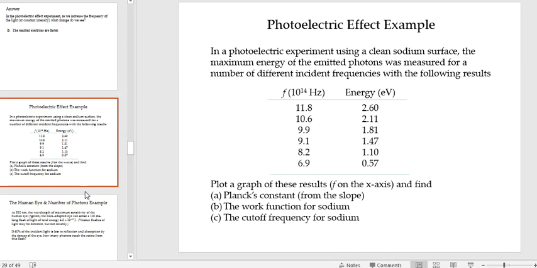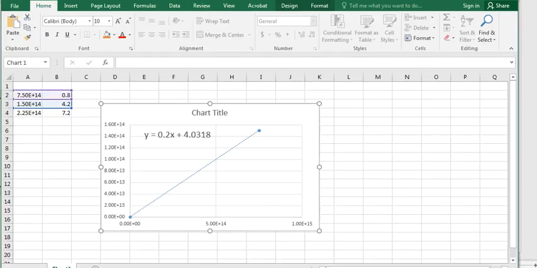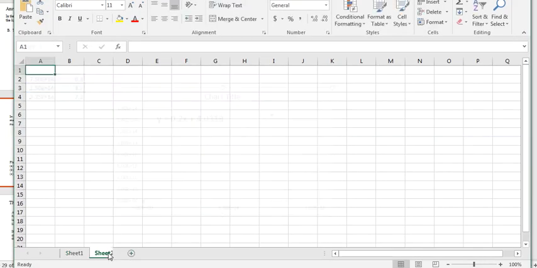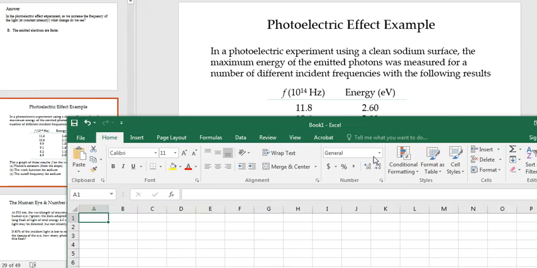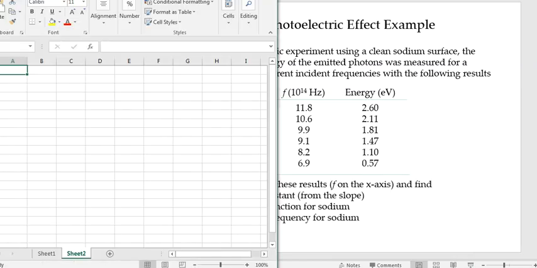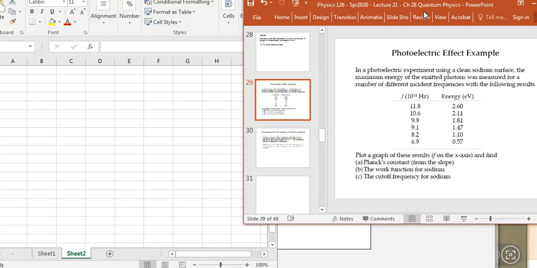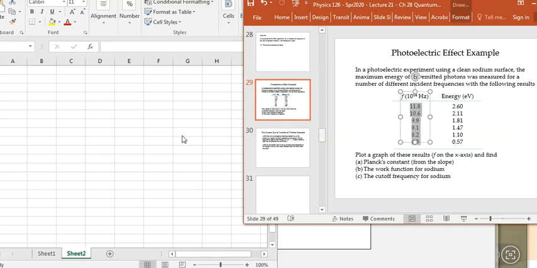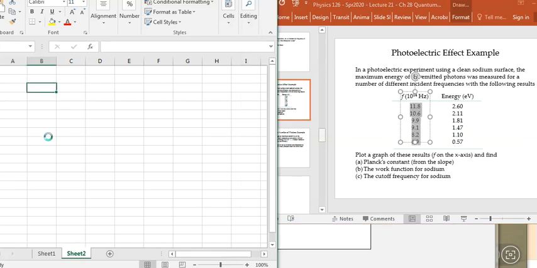Okay, let's take a look at some real data and see if we can make sense of it. So we have here the photoelectric effect, some data that was taken as the person was going to higher and higher frequencies. I'll copy and paste that in here to make things go faster.